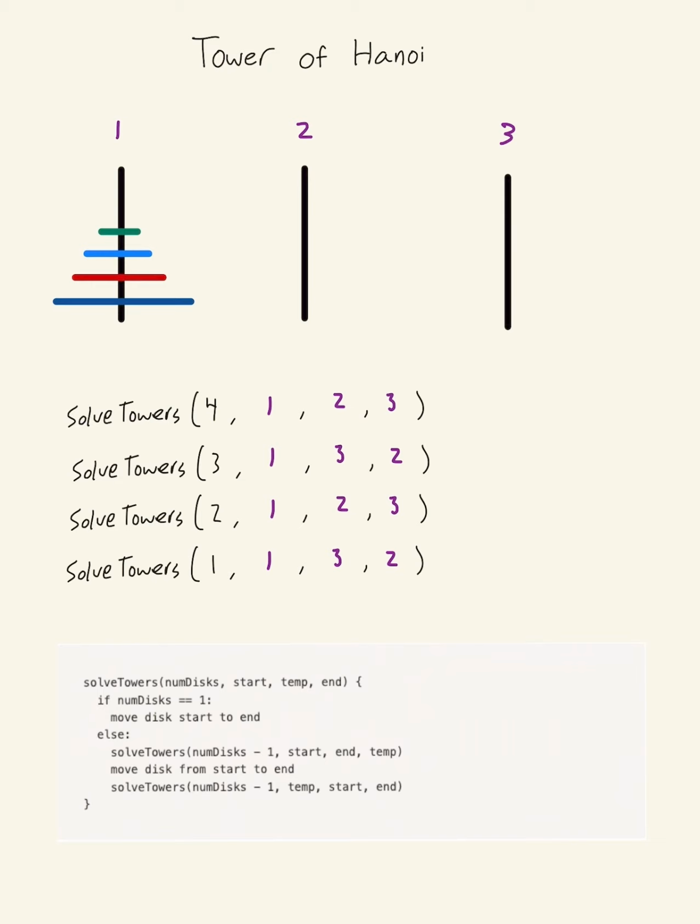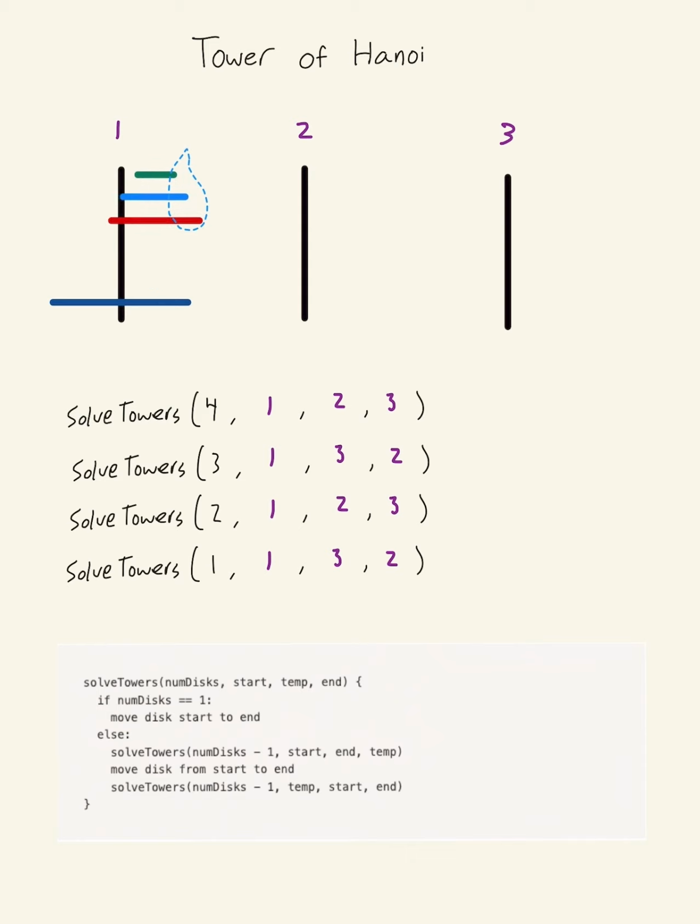So the end goal is to move the entire tower over to here. Well, in order to do that, we're going to have to get this largest disk over to the other side without anything on top of it. So we need to somehow get this guy all the way over here. That's the first goal. In order to do that, we have to free it up to move over there.